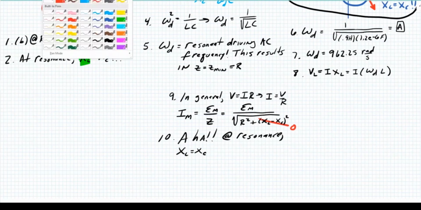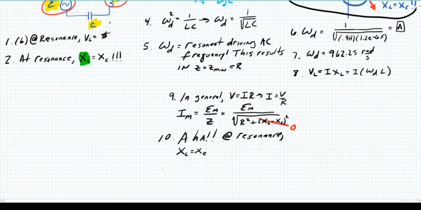So this is the current. This is the maximum possible current going through this circuit. Maximum current amplitude equals the EMF amplitude, max values, all over R. So that is Ohm's law for sure.